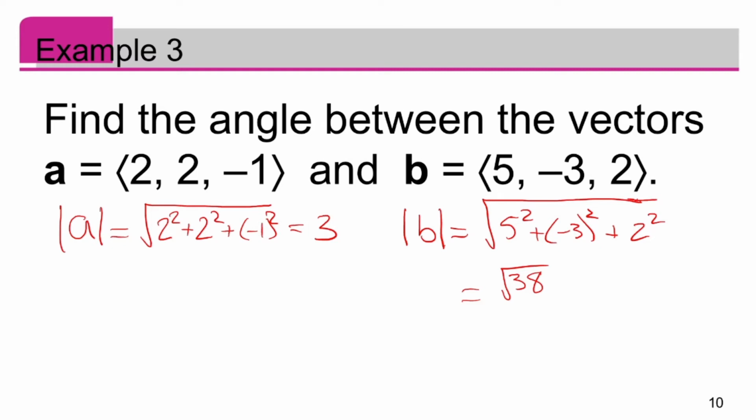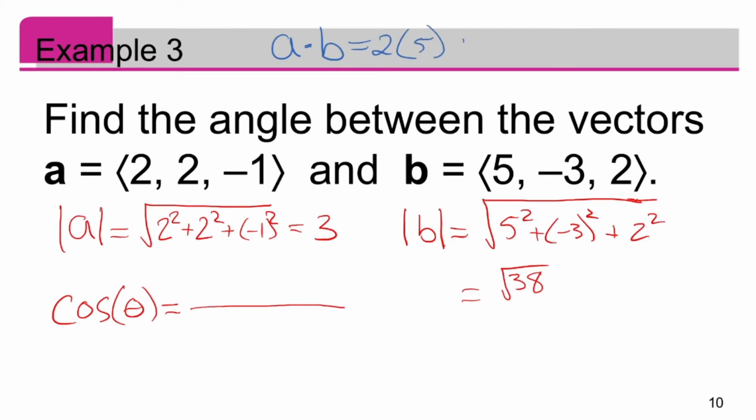So now we want the angle between these two vectors. So the cosine of the angle between the vectors is the dot product. A dotted with B is 2 times 5 plus 2 times -3 plus -1 times 2.